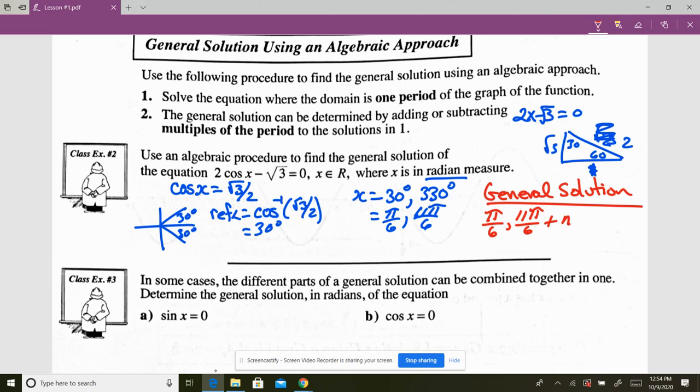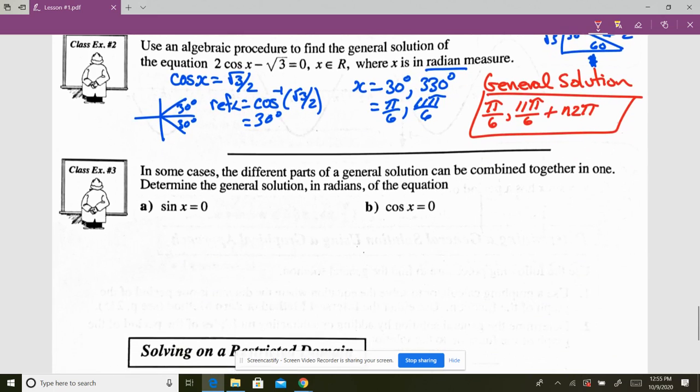So we just go n 2 pi, and that's the general solution. All right. First half is the same as what we've been doing. For the general, you just add multiples of the period. That's it. Yes, that's it, because that represents all possible answers.